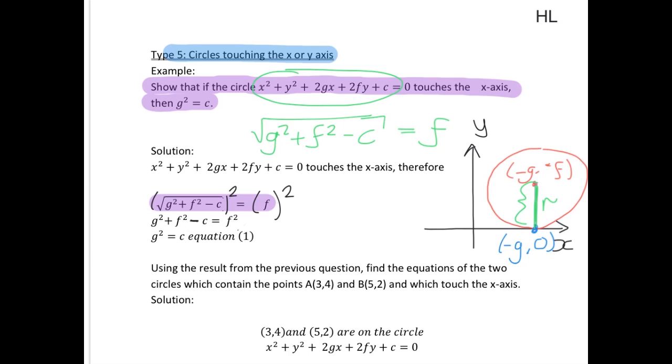And if we subtract f squared from both sides, we get g squared minus c equals 0. So if we just add c to both sides, we get g squared equals c, which is the equation we were looking for.